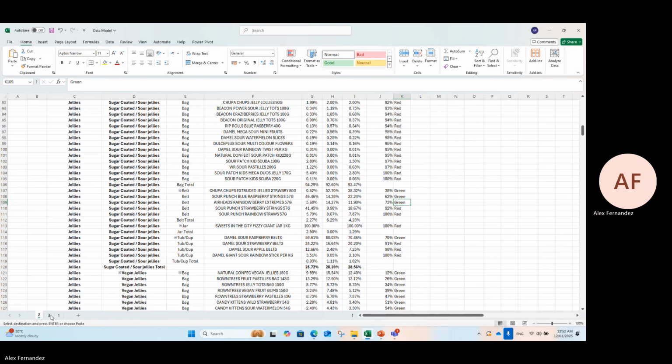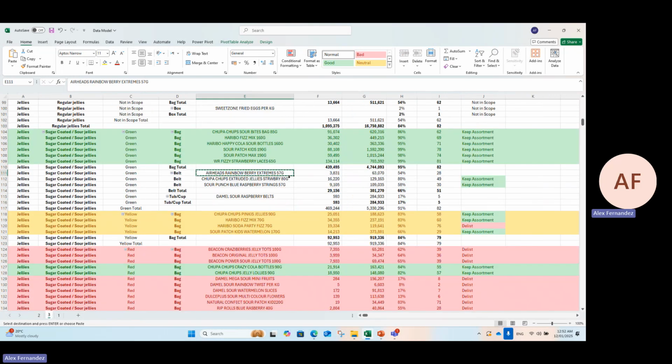So maybe this is a yellow SKU. So what we do is, first of all, because I will delist this one, because it's only 3,000, then we should never delist a green SKU.